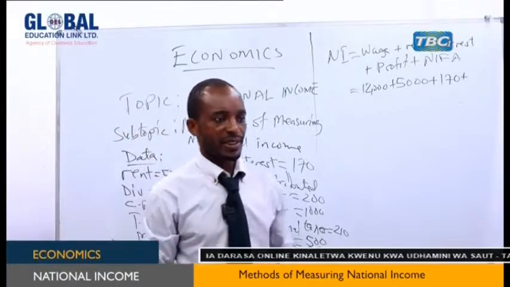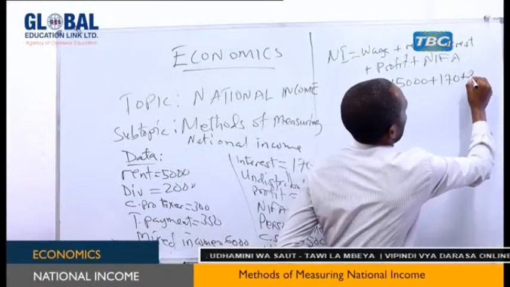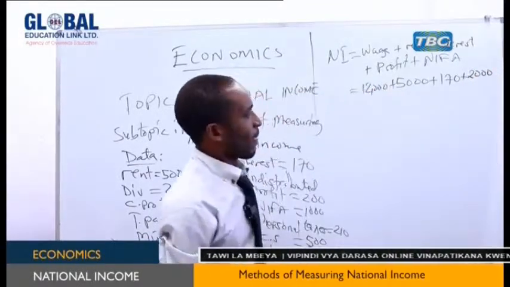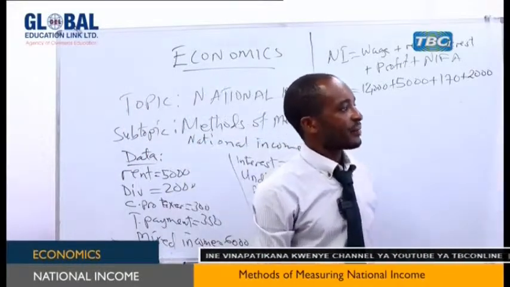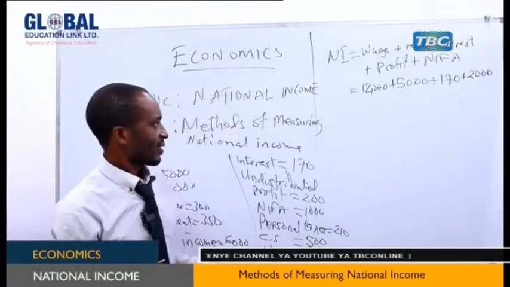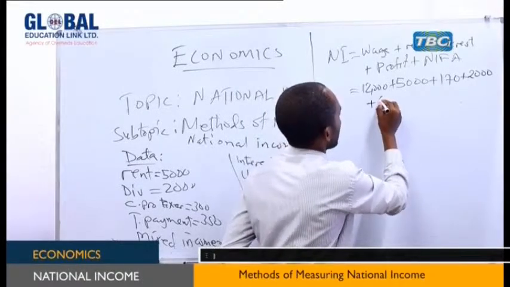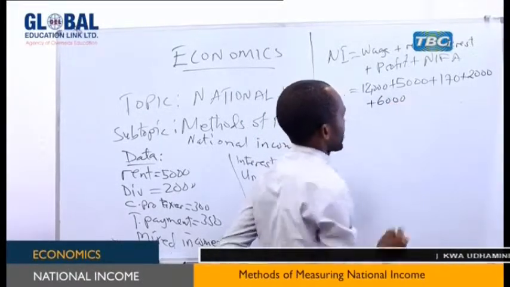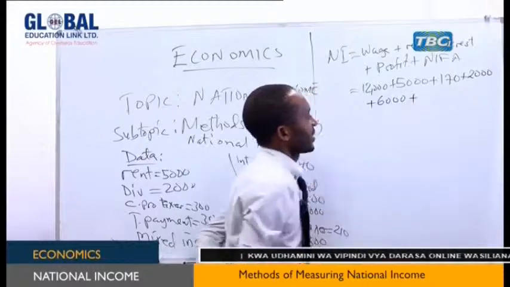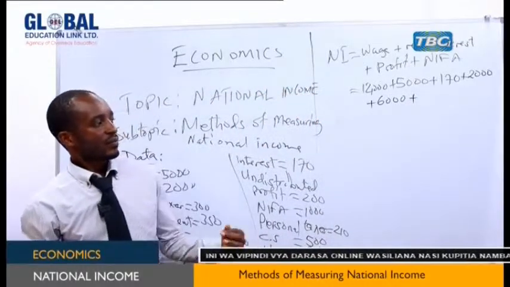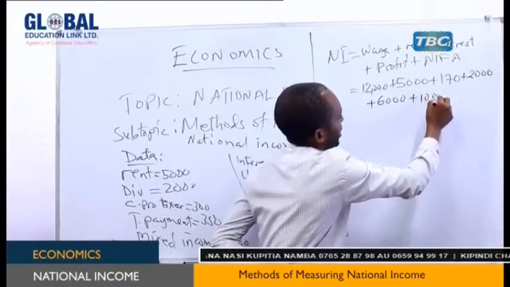Dividends are the profits in shares, so you add it. Dividends, which is 2,000. Then you need to add the mixed incomes, which is 6,000. Then you add the net factor income from abroad, which is 1,000.